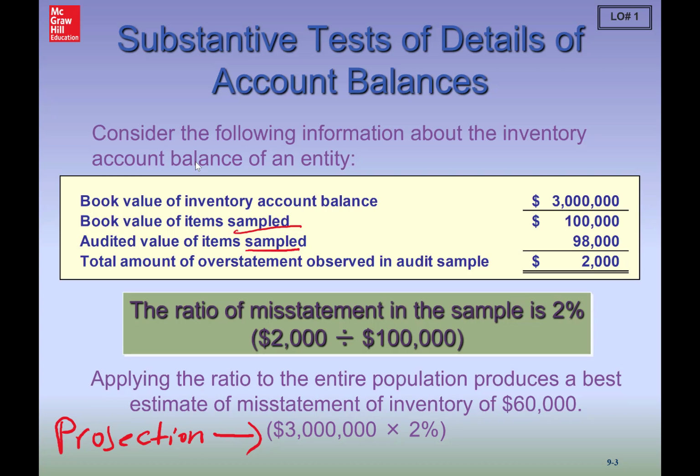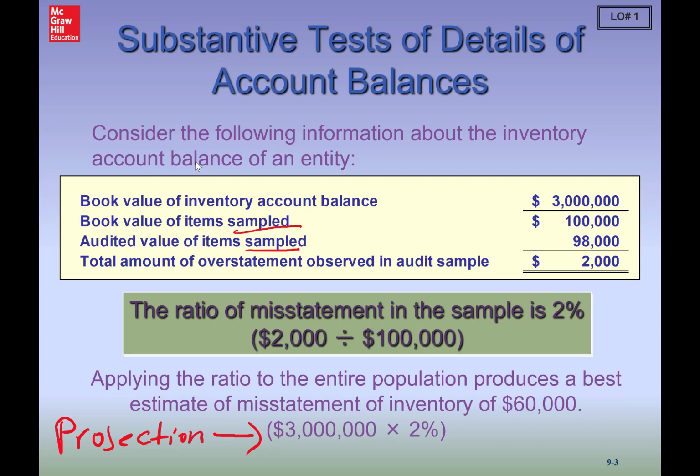I guess it's the items that we looked for that weren't there, right? So we found some items that they said they had that maybe they didn't have anymore in the inventory. So we have a $2,000 overstatement. What happens? We take the $2,000 divided by the $100,000 of the book value, and we determine that in our sample we have a 2% misstatement, a 2% overstatement of the account balance.